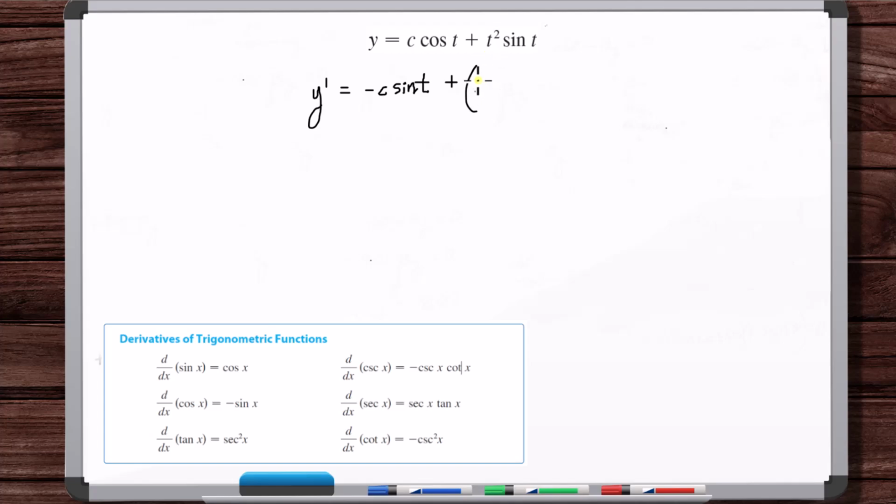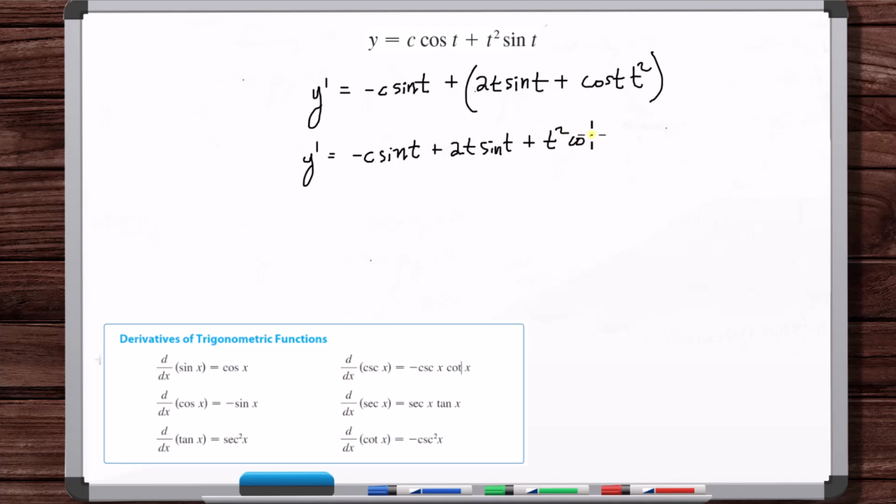So the derivative of the first, 2t, times the second. All right, plus the derivative of the second times the first. So let's see what we have here. Minus c sine t plus 2t sine t plus t squared cosine t.